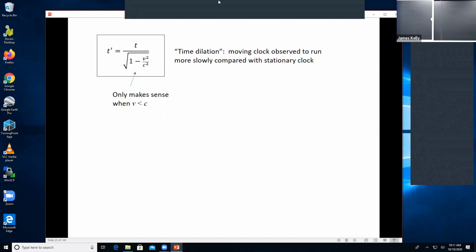Nobody really knows what that means. So this formula really doesn't make any sense when v is equal to c or greater than c. It only makes sense when the clock is moving by us at a speed less than c. And we'll connect with that later on in the course and show that lots of things go haywire if you ever imagine that something is moving at a speed greater than c.